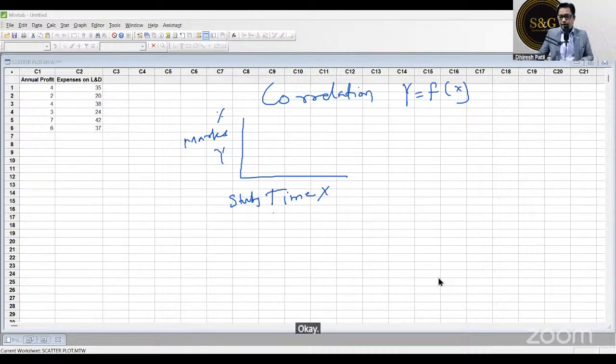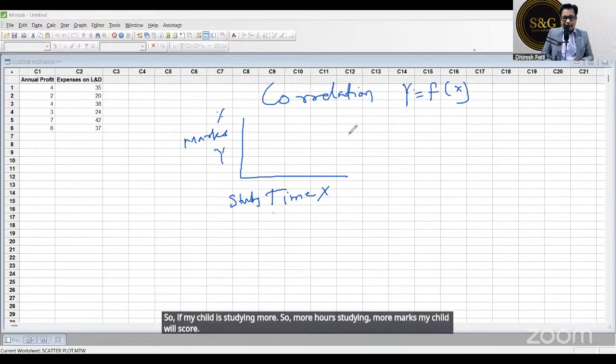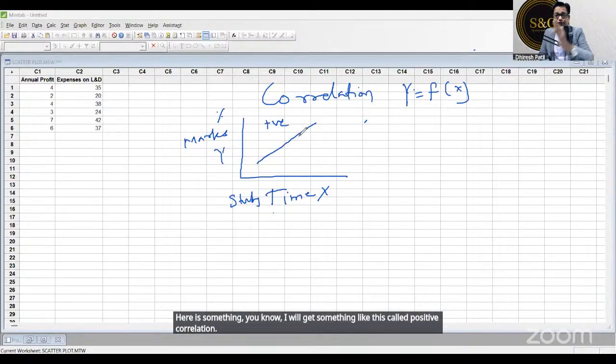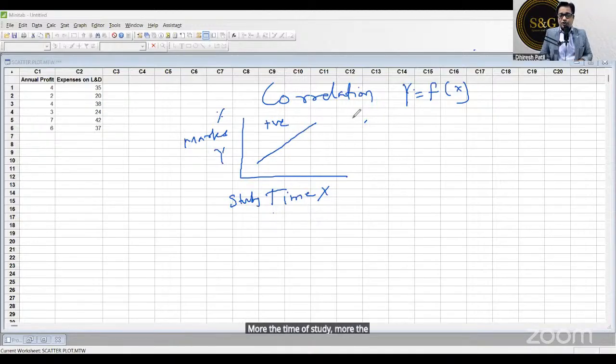Okay, just a second, I'm just sharing the file once again. So if my child is studying more hours, more marks my child will score. So I will get something like this, called positive correlation. More the time of study, more the marks you will score, you or your child, whatever.